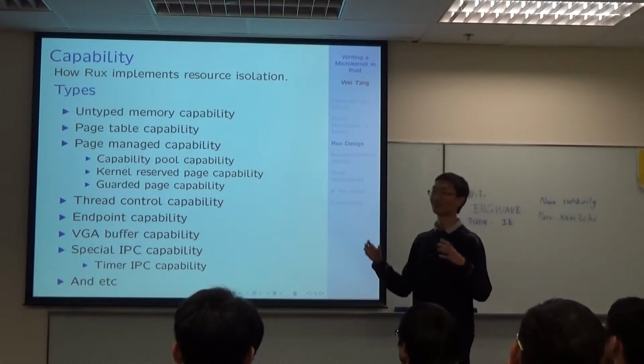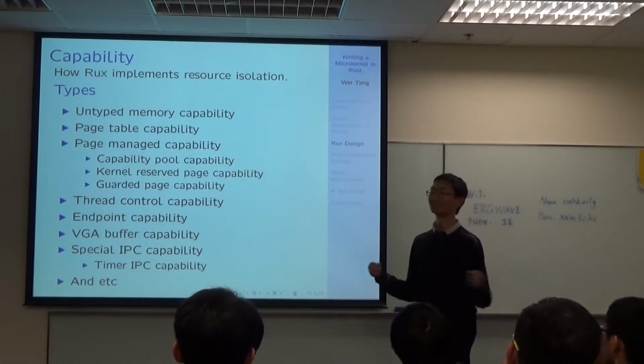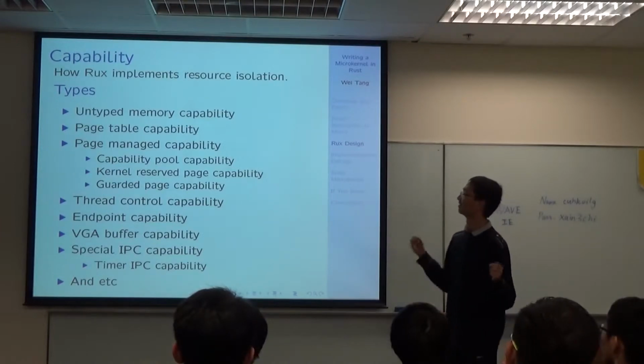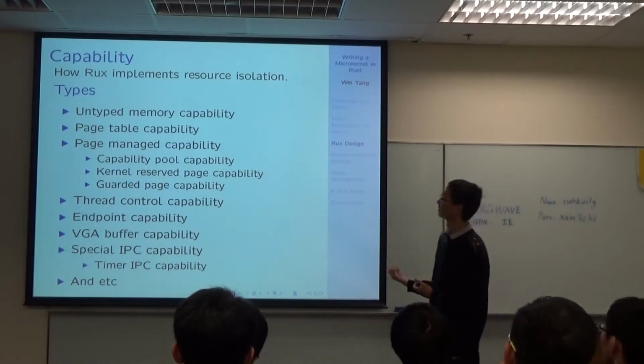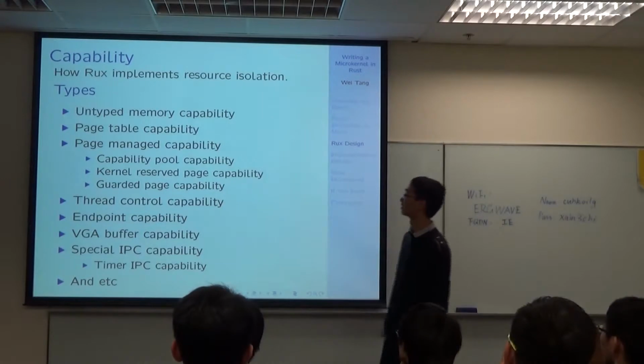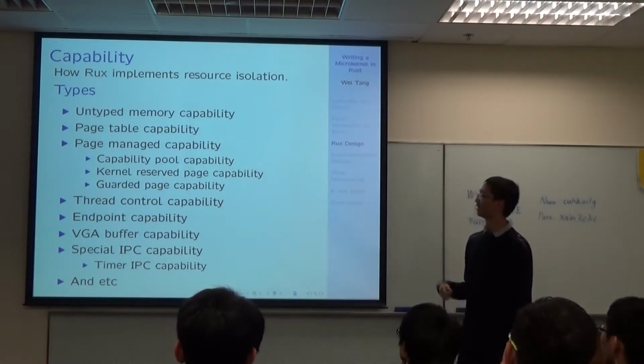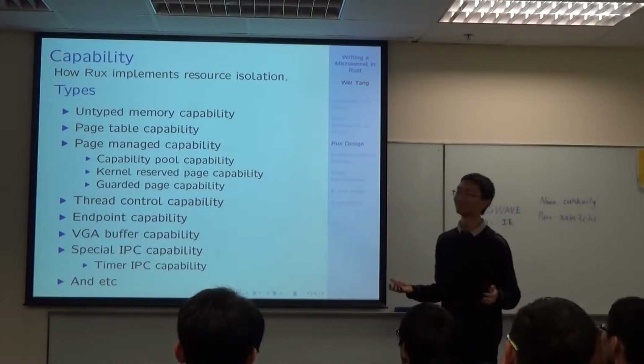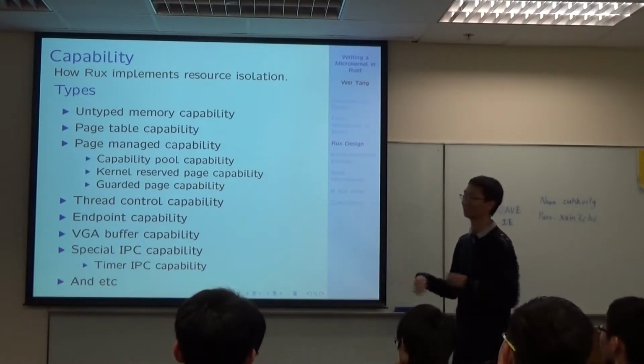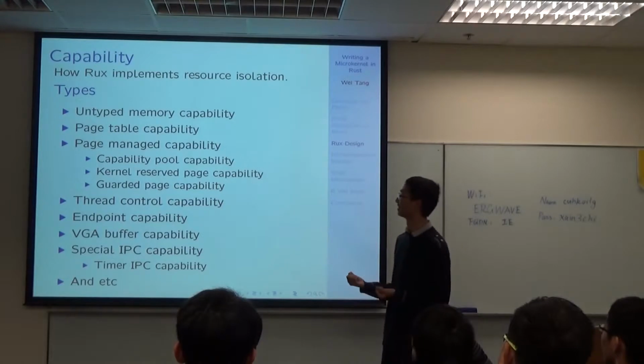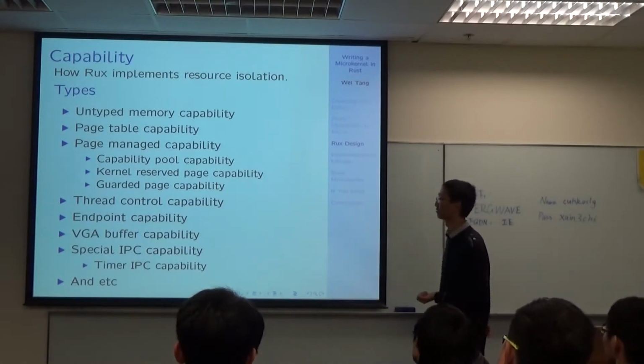You may want to map a page into your virtual address, and those things need to be managed. So there's a capability pool, and also kernel reserve page and bounded page, currently just for stack overflow, so that you don't overflow the stack. And we also have the thread control capability.